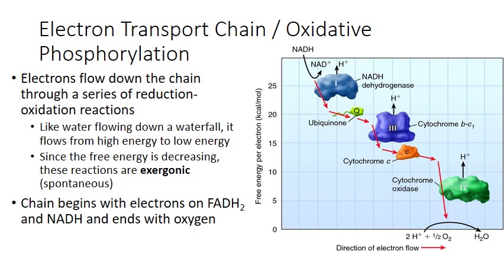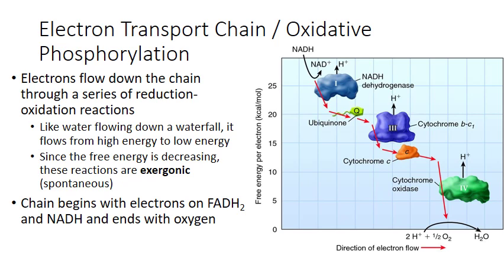Oxygen, we know, is very electronegative from, I think, chapter 2. We talked about that. So oxygen is very electronegative, so it's kind of pulling the electron down from NADH through the electron transport chain to get to the oxygen. As it goes between each protein, we can see it goes a little bit lower on the energy level. So each step, it's releasing some energy.